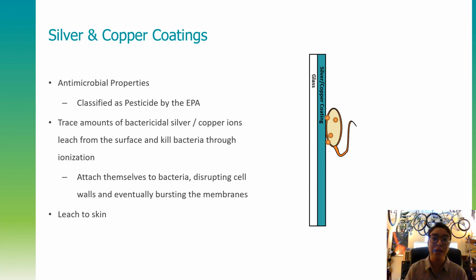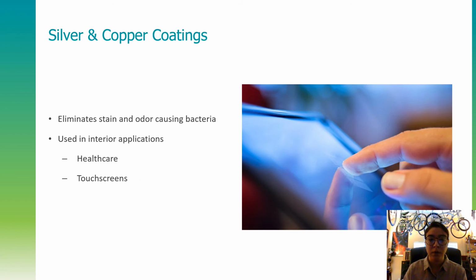In the same way that it leaches onto the bacteria when it touches the surface, as the building occupants come in contact with this glass or with these coatings, the silver and copper will also leach to the skin of the building occupant. So every time you touch it, there are nanoparticles gradually coming off of the surface of the glass. A lot of times with silver and copper coatings, they are marketed to eliminate stain and odor causing bacteria.